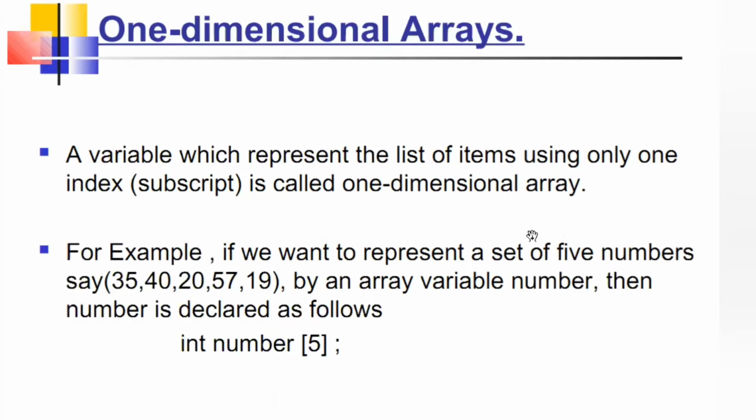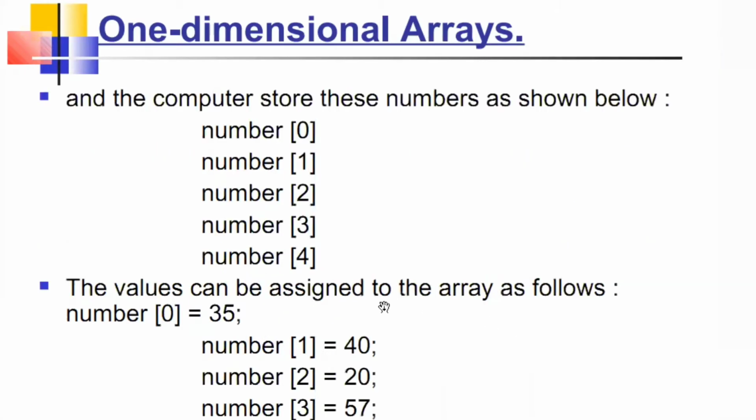For example, if you want to represent a set of five numbers, say 35, 40, 20, 57, 19, by an array variable, then the number is declared as follows: int number[5], which means the number of elements the array number can hold will be 5, and the data type for the array number will be integer, and the computer stores this number as shown below in the following indexes.